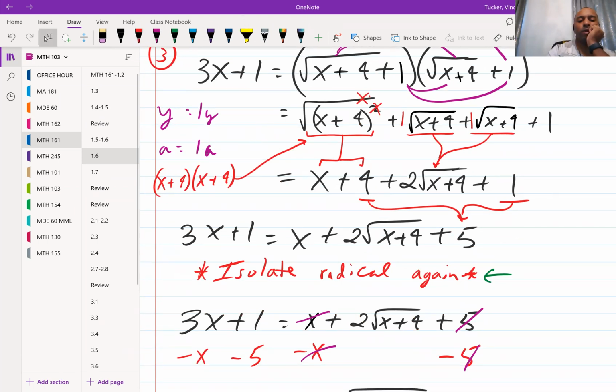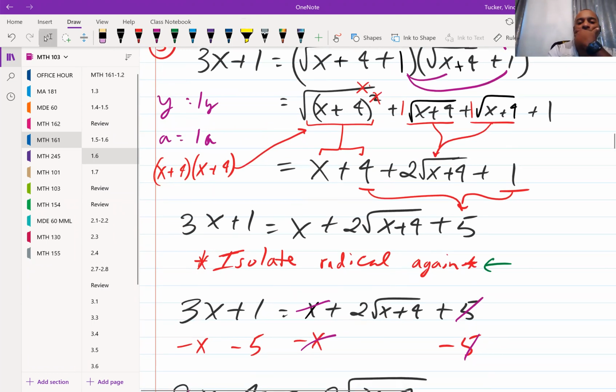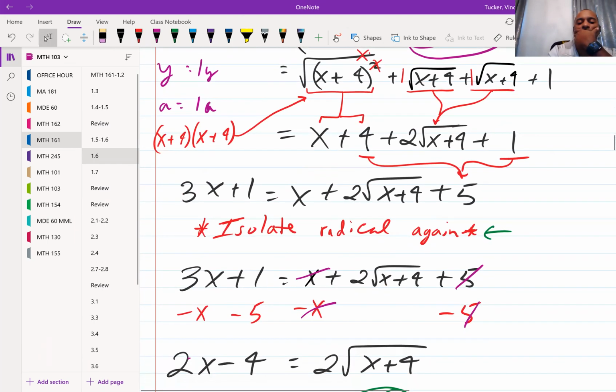So I subtracted x and subtracted 5 from both sides. That gives me 2x minus 4 equal to 2 square root of x plus 4.